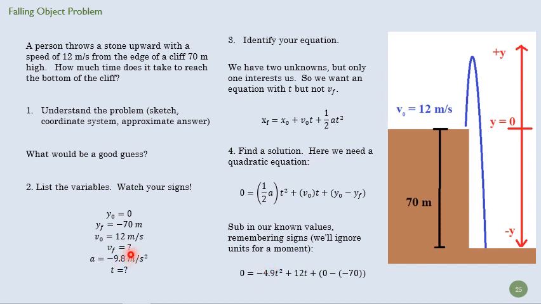Because we determined a was negative 9.8. V naught is in a positive direction. It's a positive 12. And then this term requires us to subtract a negative number, and so we're going to end up with a positive term. So our coefficients are going to be negative 4.9, positive 12, and positive 70.